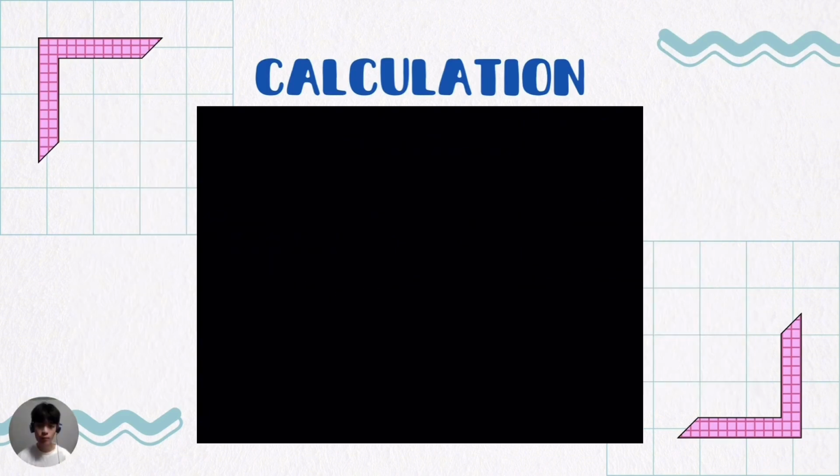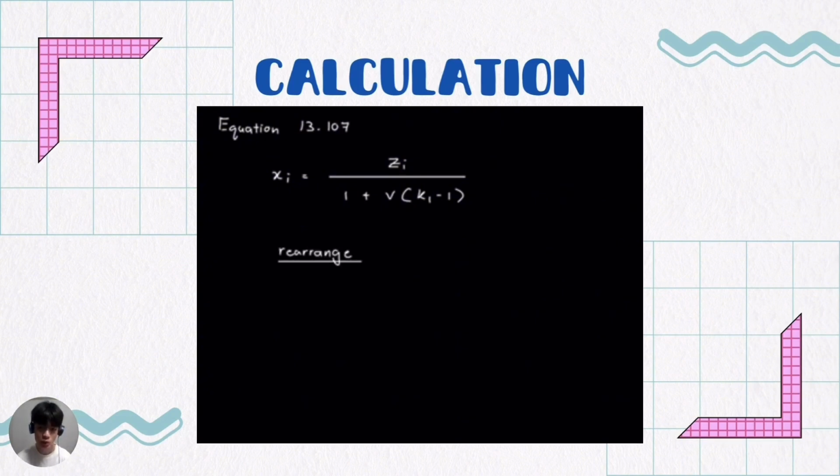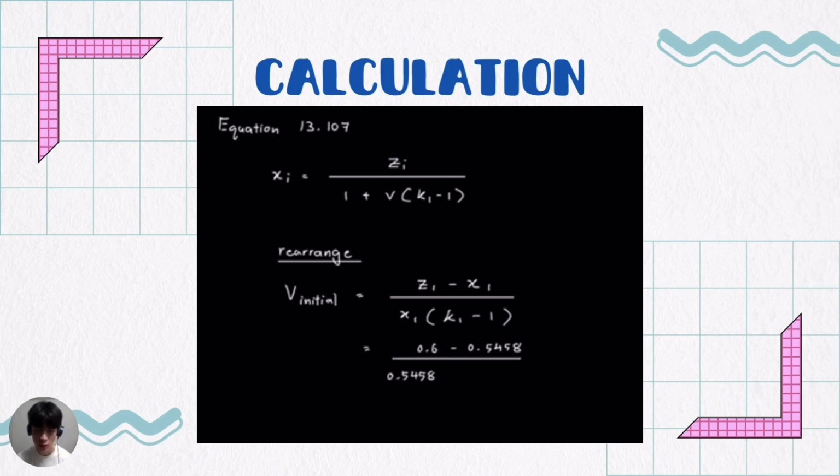Next is to find the V initial. In order to find it, we can use Equation 13.107, which we arrange into this form, and we substitute all the values and we found that the V initial is 0.7084.